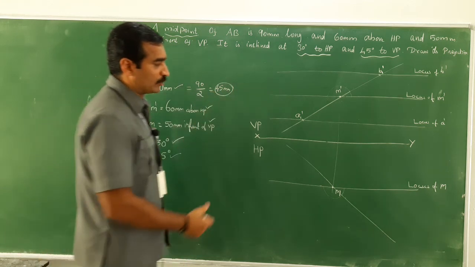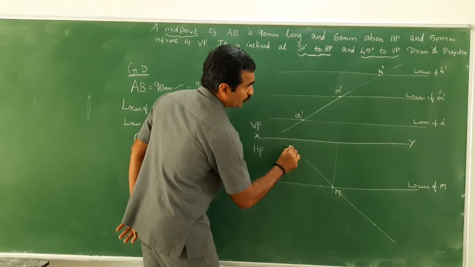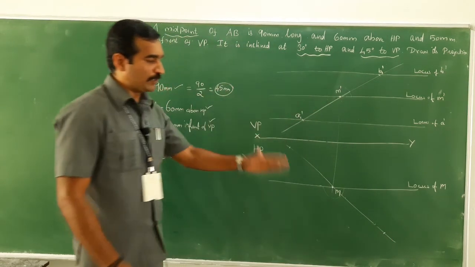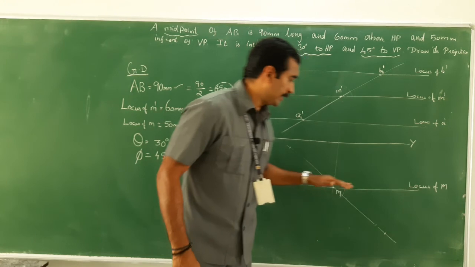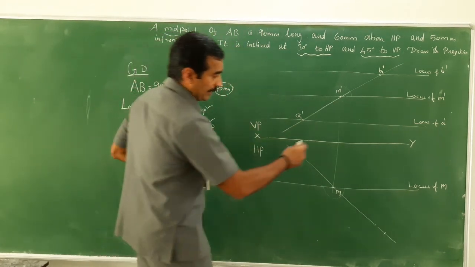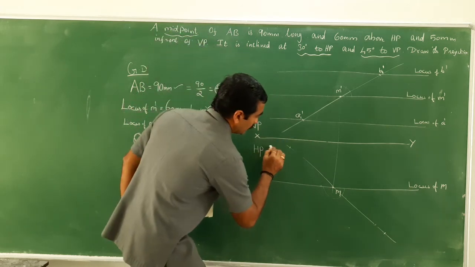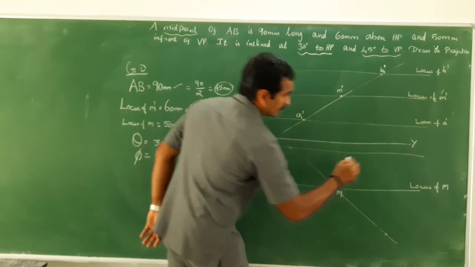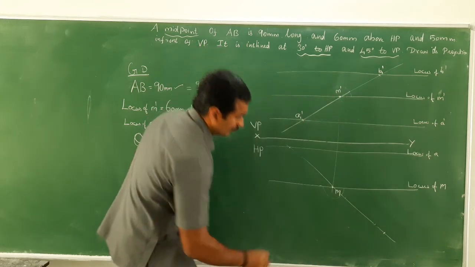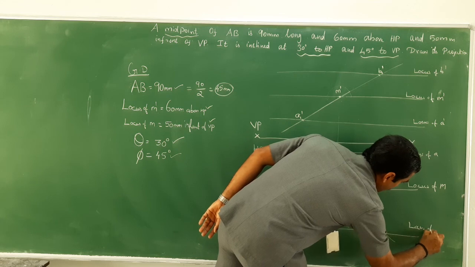So take 45 mm in your compass and cut an arc in both the way. So below the locus of M and above the locus of M. And now draw the line passing through the intersection, which should be parallel to the XY line. It should be parallel to the XY line. This is named as locus of A, and here this should be locus of B.